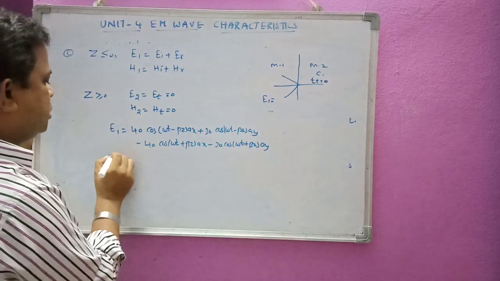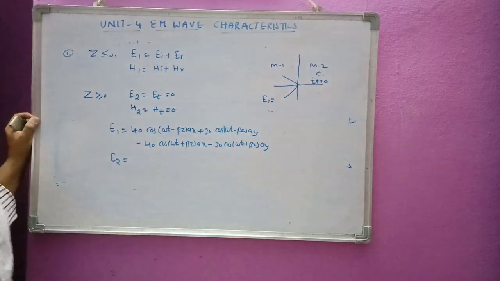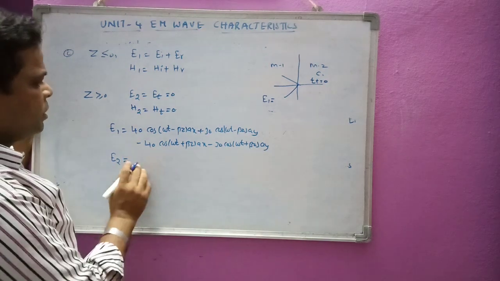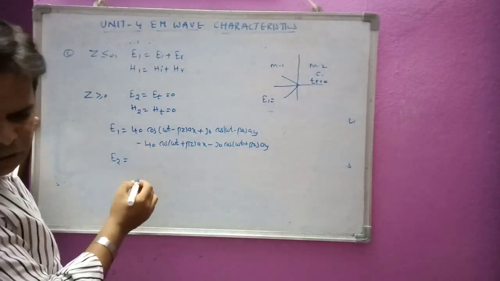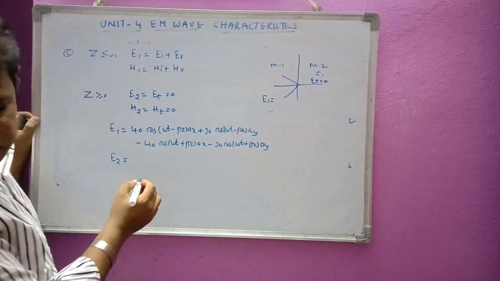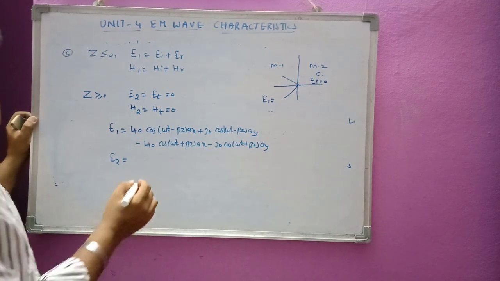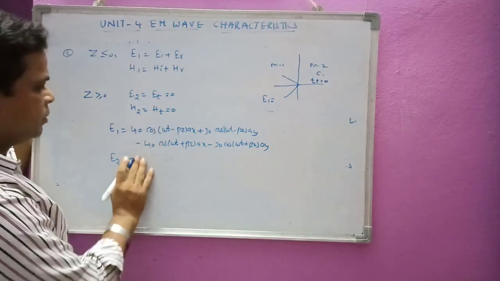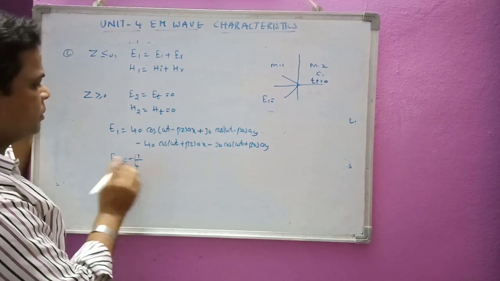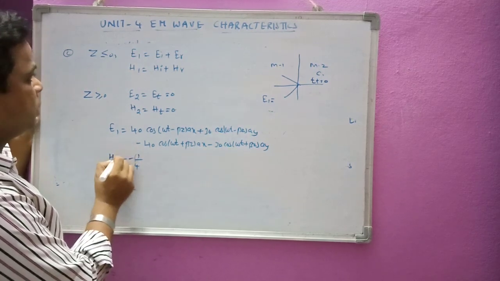Okay. And next E2 also we will get the same, but the thing is we are going to get the minus value here. First of all, we have to write HI. We have got minus 1 by 4 pi, sorry, this is H2, okay.